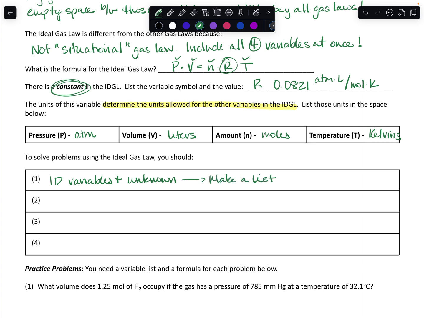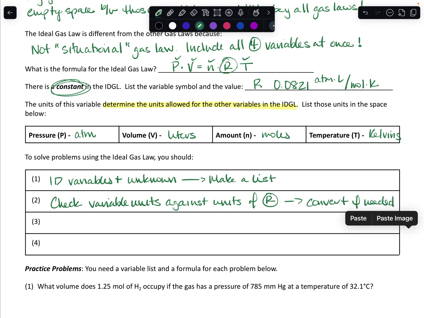Your list is going to be a little less complicated because it's just going to be P, V, N, and T. You're going to check the variable units against the units of R. And then, if you need to, you will convert.